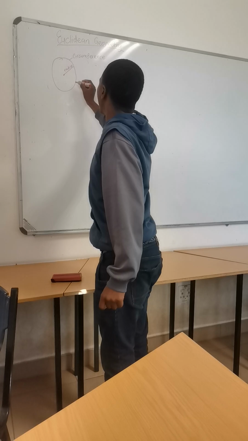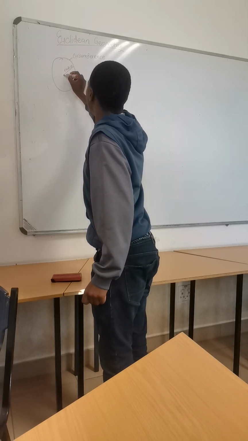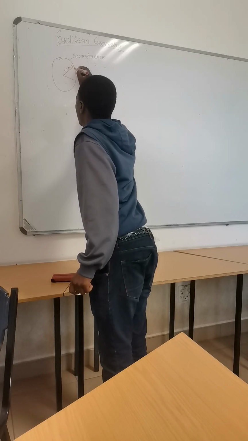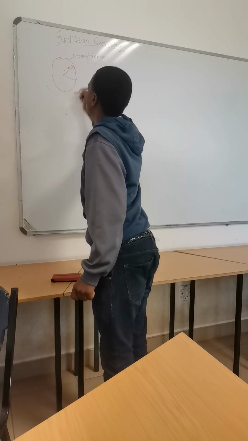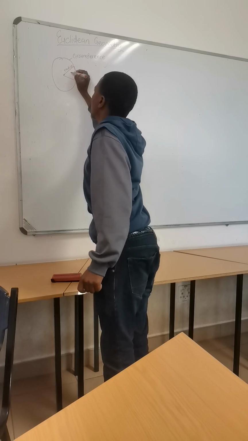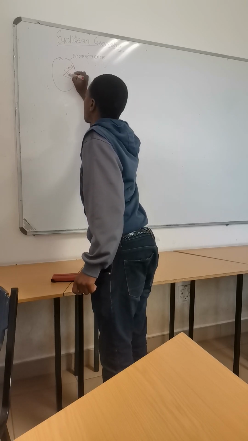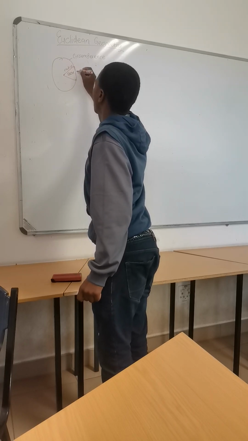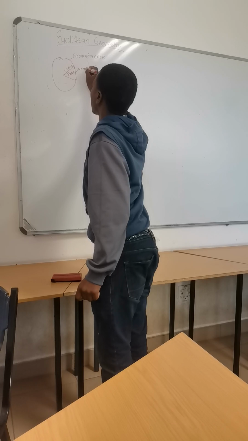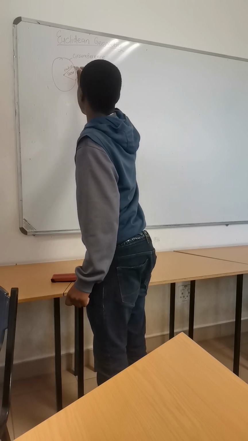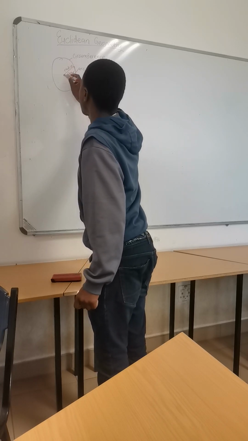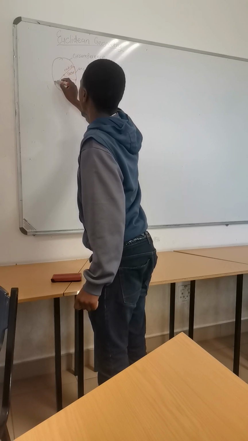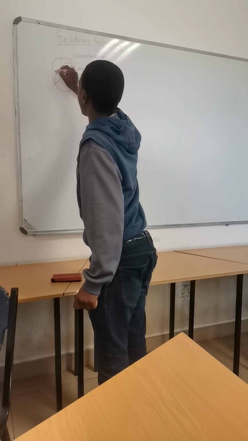And then from this part up to that part, in the center of a circle, this is what we call a sector. From this line up to that line, we call it an arc. And a line from the circumference that passes through the center of the circle to another point, this is what we call a diameter.